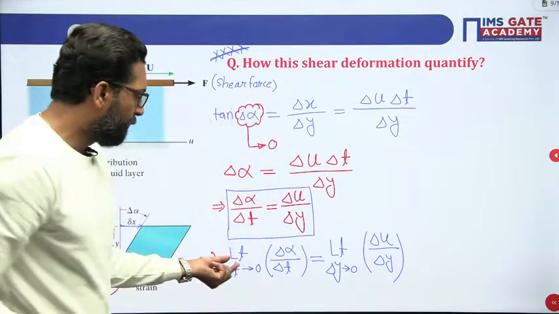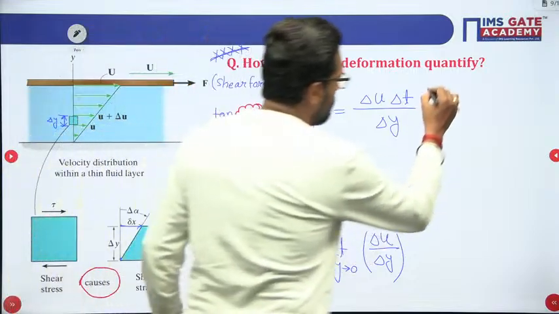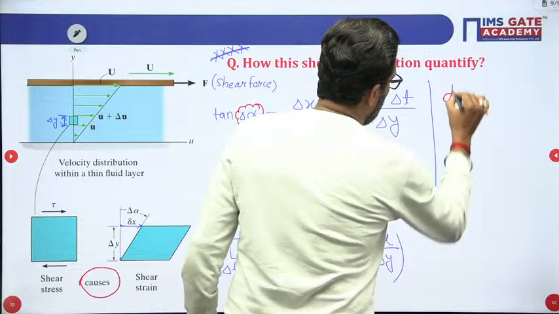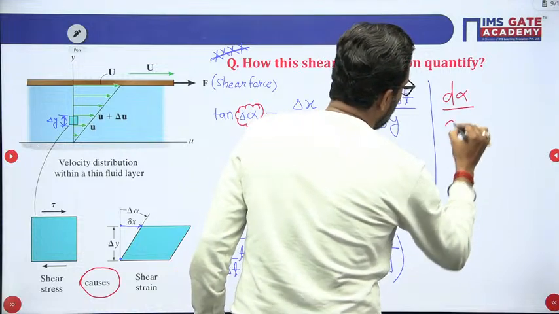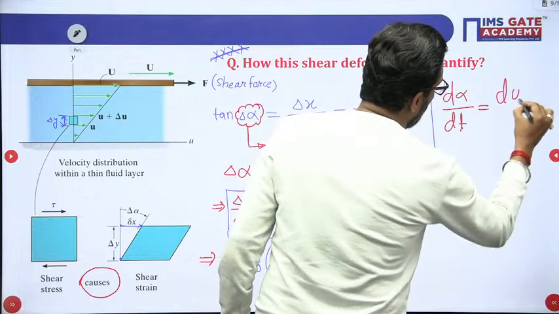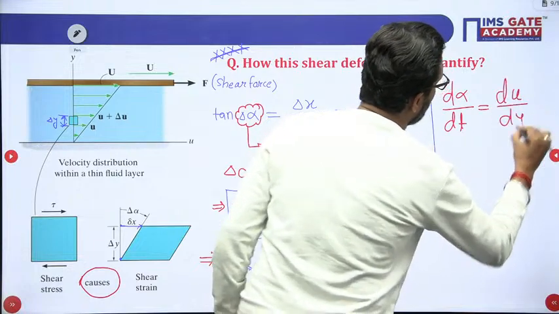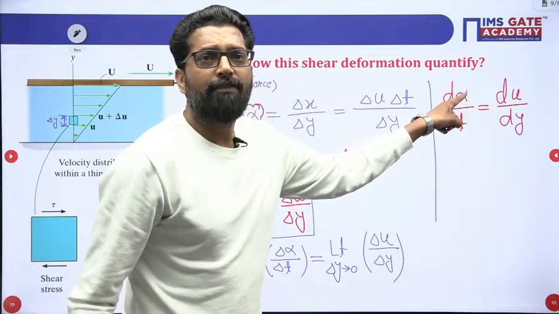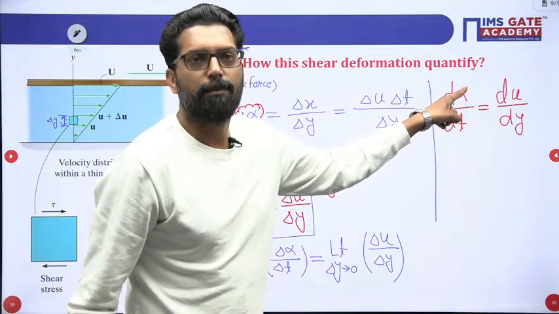Now my dear, if you remove this limit, this is your d alpha by dt is equal to du by dy. These are the quantification. What is d alpha? Angular deformation.